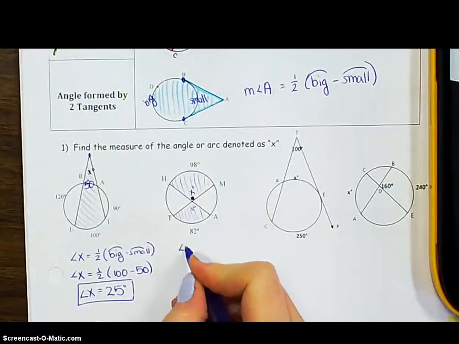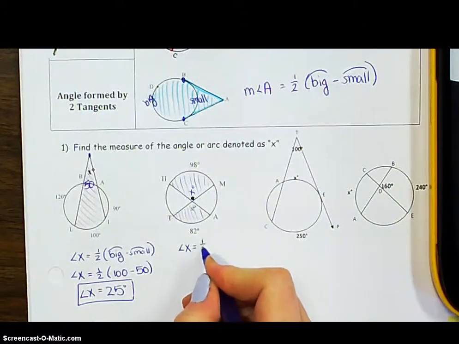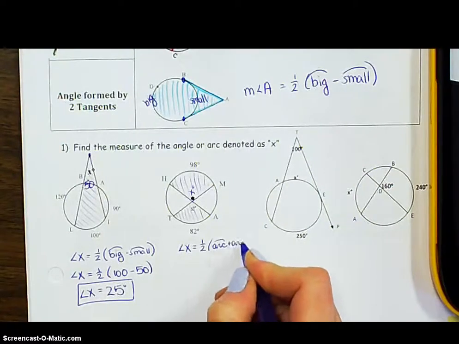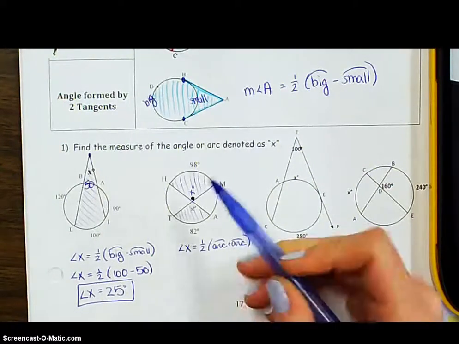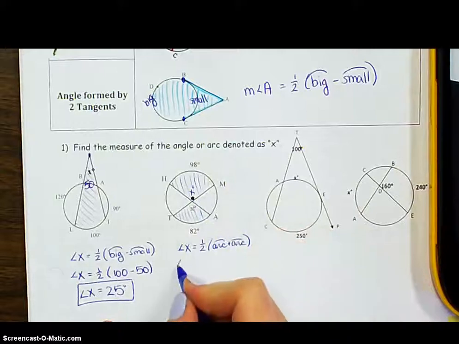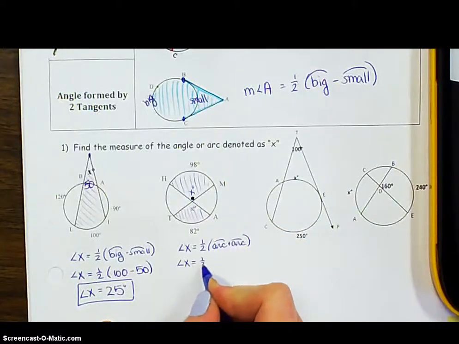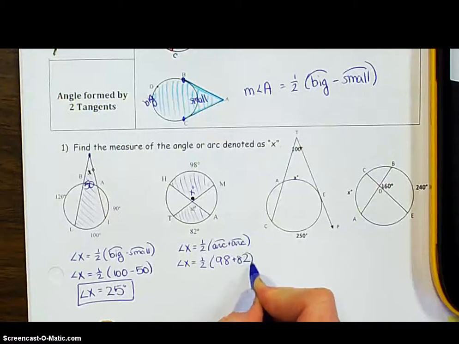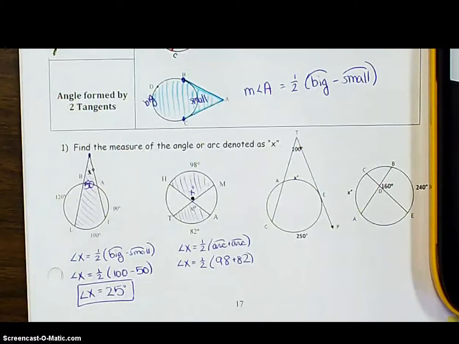And we're going to use our formula: angle x equals 1/2 arc plus arc. For this case, we have both of those arcs, so this one's pretty easy. All we have to do is plug those in. 98 plus 82, we add them together, we divide by 2, and angle x is equal to 90 degrees.